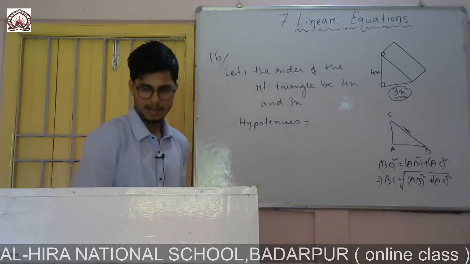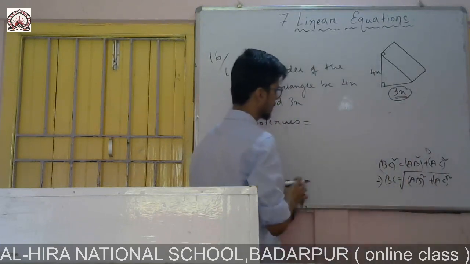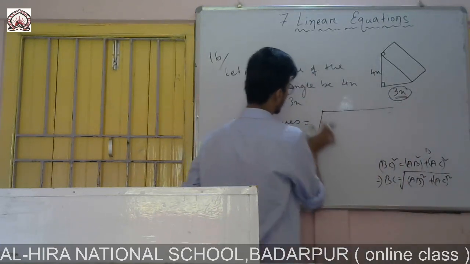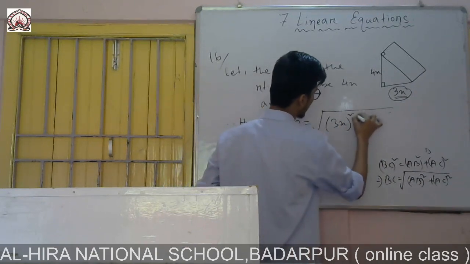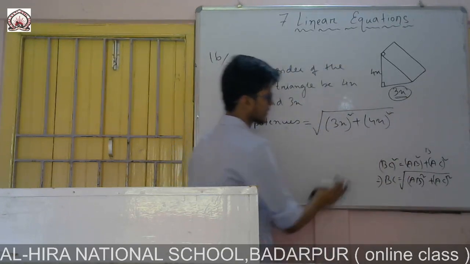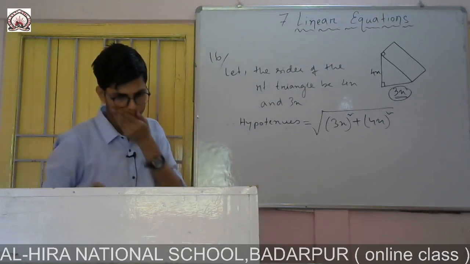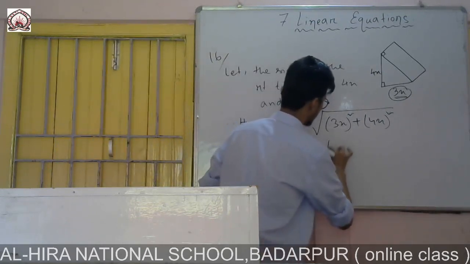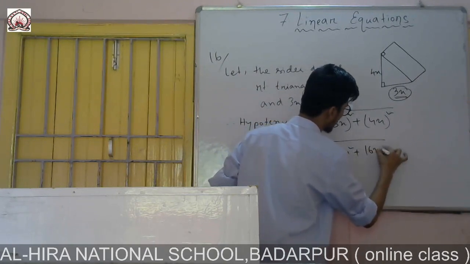So in this case, I will use this formula directly. I put the root, and the sides are 4x and 3x, so I write the root of 3x square plus 4x square. 3 square is 9x square plus 4 square is 16x square.